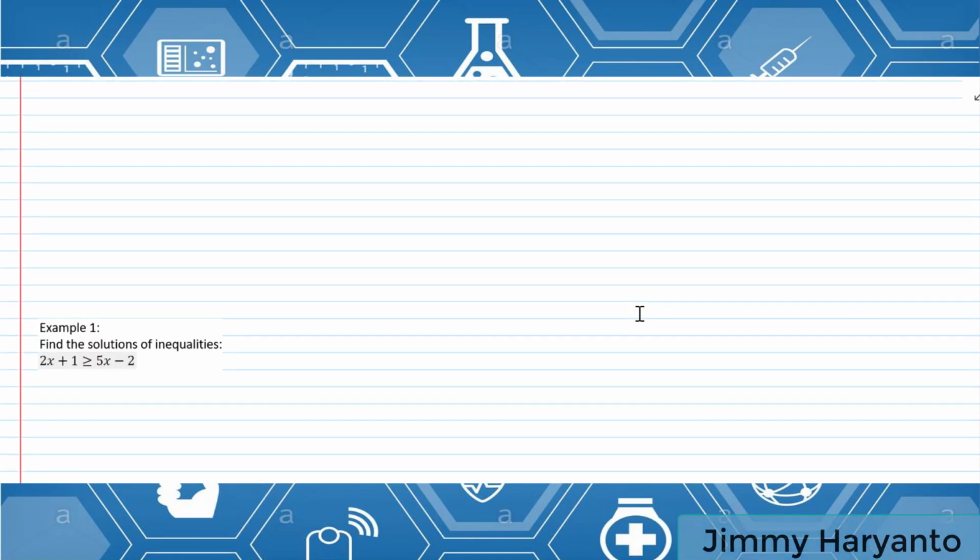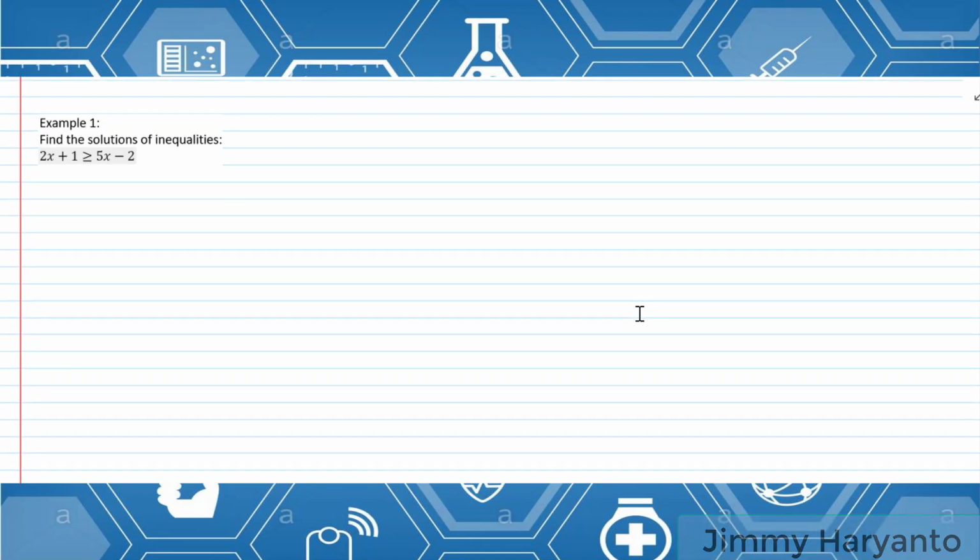Okay, let's review the junior high school lesson. Number 1, find the solution of the inequality 2x plus 1 greater than or equal to 5x minus 2. We use simple algebra to solve this. We write 2x minus 5x greater than or equal to negative 2 minus 1.